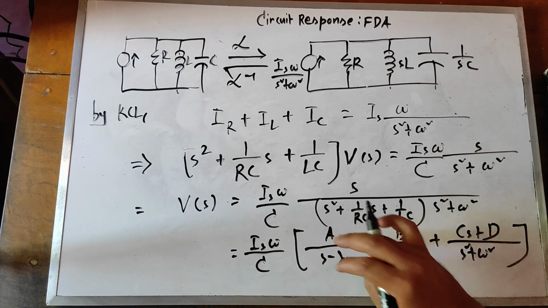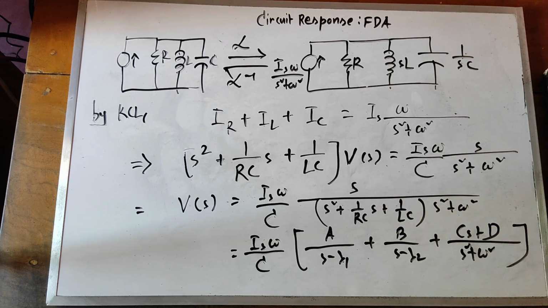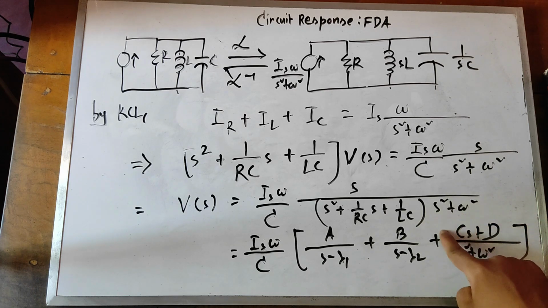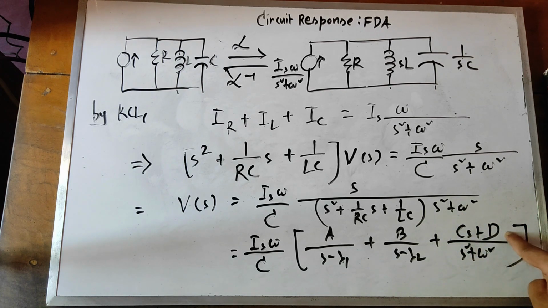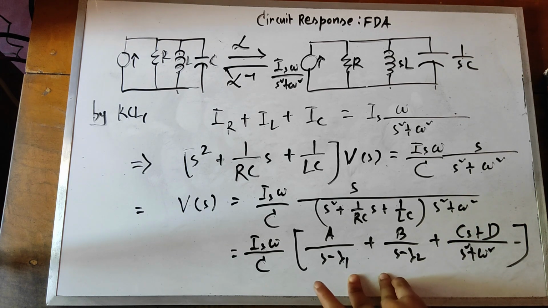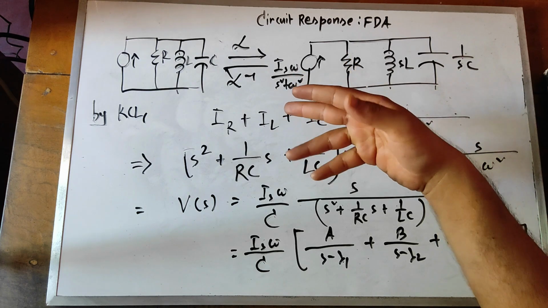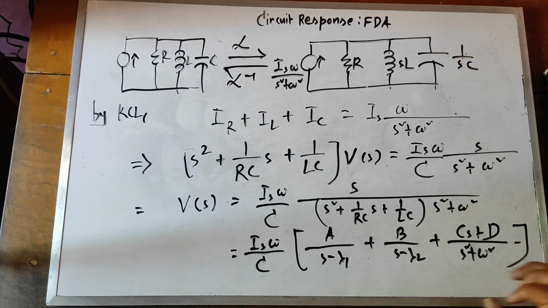So the A, B, C and D are basically exactly the same. I'm just going to focus on this term, and these two terms are the transients introduced by the input in the parallel RLC circuit.